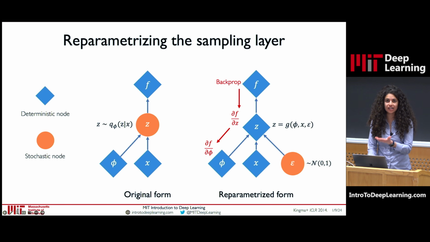This allows us to now backpropagate gradients through and directly learn the latent variables via this mean and standard deviation vector. So this is called the reparameterization trick of a VAE, and it's ultimately the solution to allow the network to be trained end-to-end.